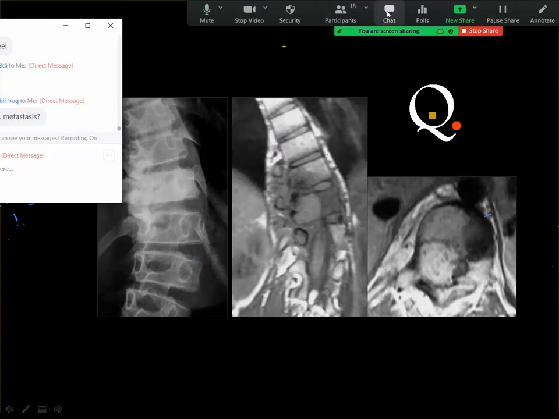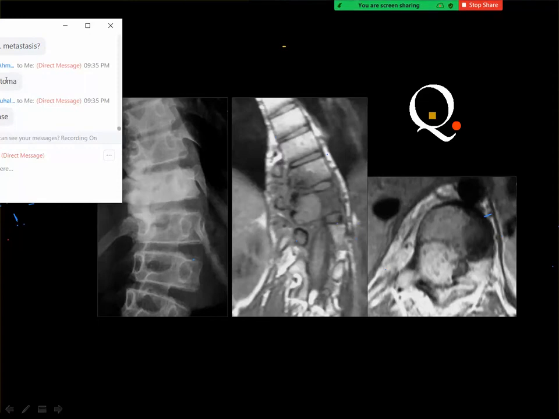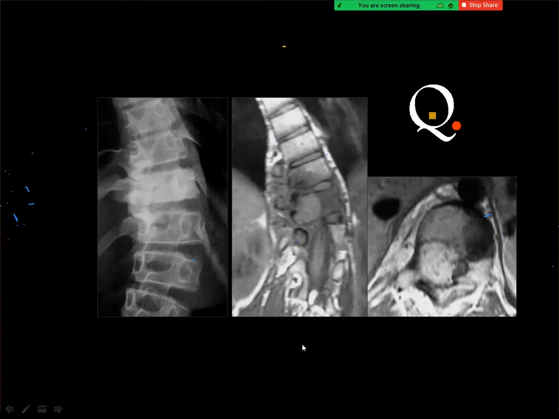Lymphoma or metastasis, and consider this is a young person with classic appearance. Yes, very good, this is osteoblastoma. And the osteoblastoma is a lesion that is classically located in the pedicle of a young person and is associated with some bone sclerosis and the classic appearance of a scoliotic deformity with its concavity towards the site of the lesion.